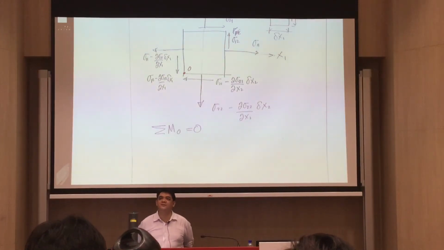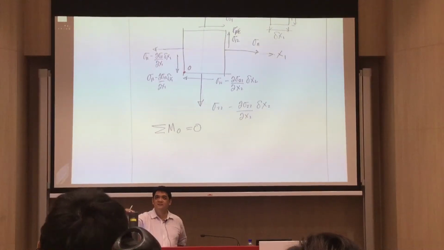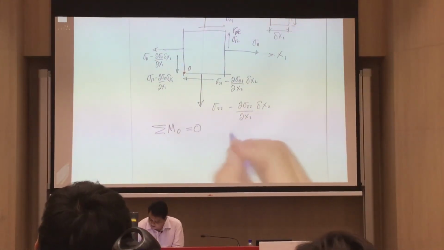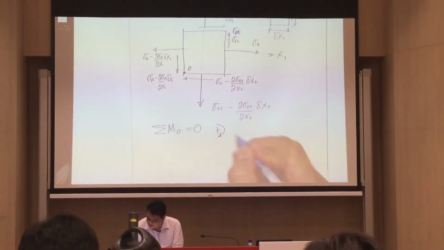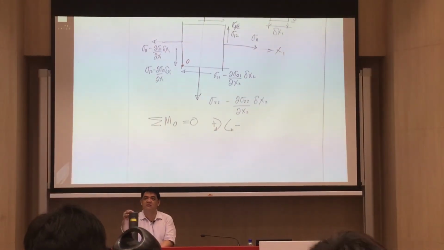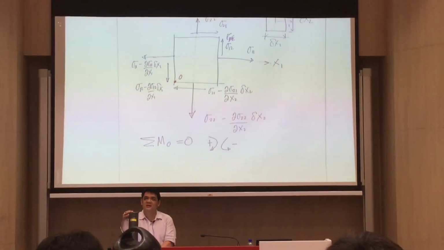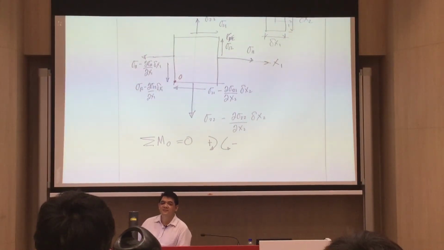What do we have? So let's see. Okay, let's have clockwise to be positive and counterclockwise to be negative. Let's start with sigma 1,1. Summation of moments about O is equal to 0.